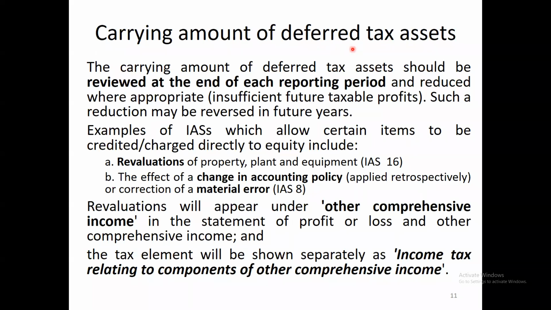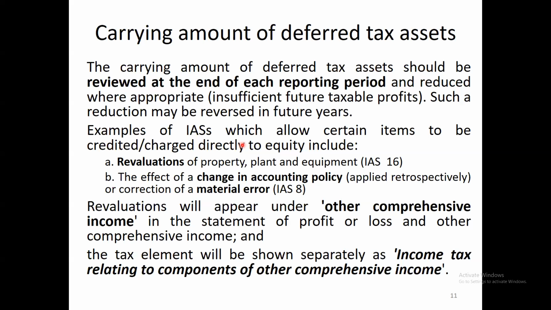The carrying amount of a deferred tax asset should be reviewed at the end of each reporting period, and reduced where appropriate. For example, if in the future you don't have enough taxable profit, you can't recognize. You have to make adjustments. Such a reduction may be reversed in the future years.